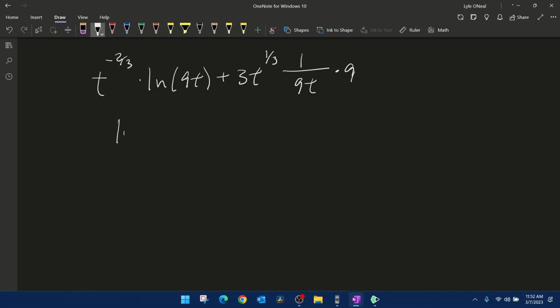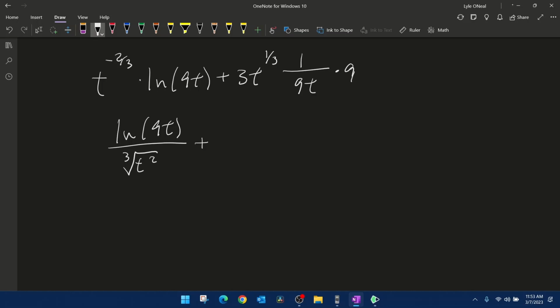Now, we're going to have natural log of 9t over the cube root of t squared. And let's make sure everybody understands how we got that. If this is negative, I need to move it to the bottom. But then isn't the denominator the root? Yes, and the numerator the exponent. So I put it back into radical form.